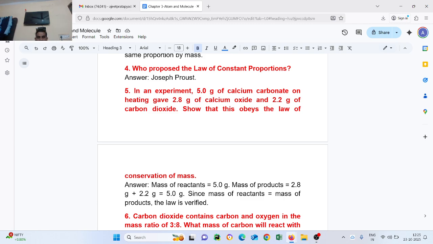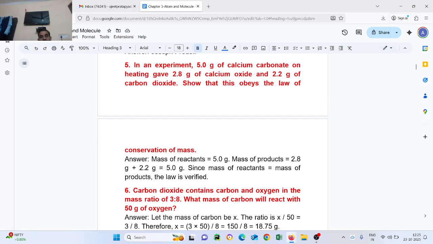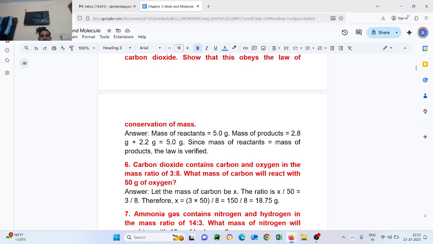Add these, you get 2.8 plus 2.2 is equal to 5. Since mass of reactant equals mass of product, the law of conservation of mass is verified. So this reaction obeys the law of conservation of mass.